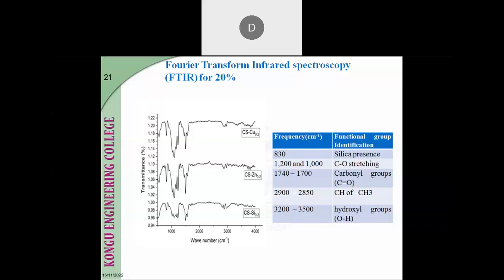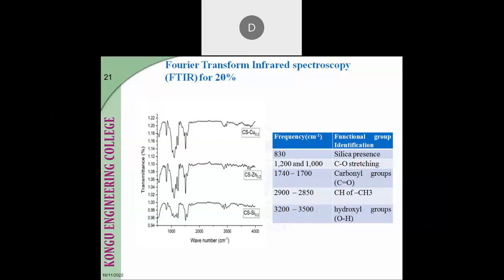Similarly, the carbonyl group, that is C double bond O, which is present in the samples, maybe it may be in zinc, silica, and copper is also present.